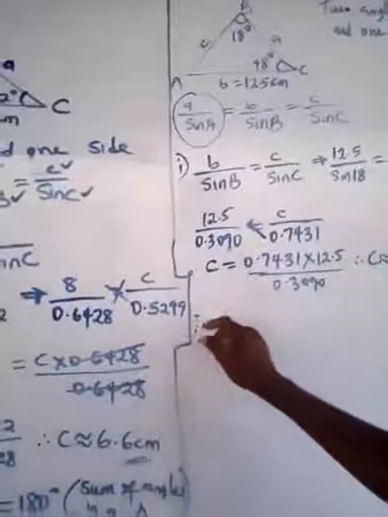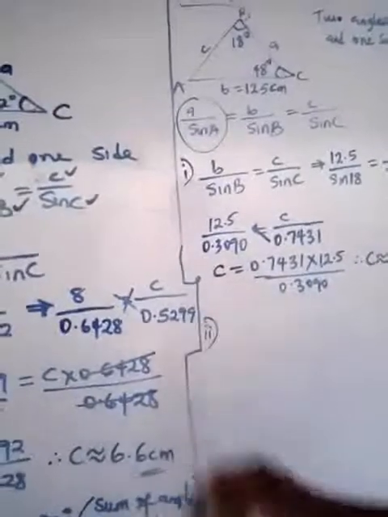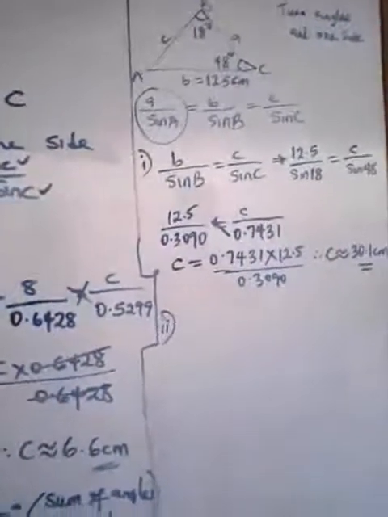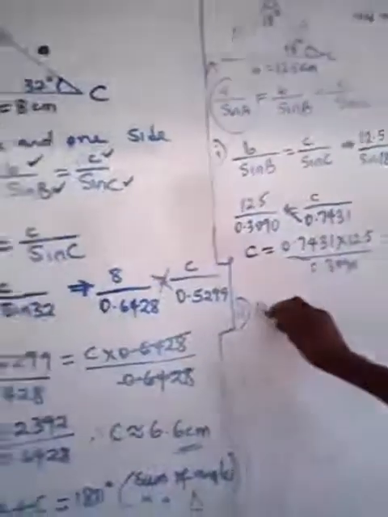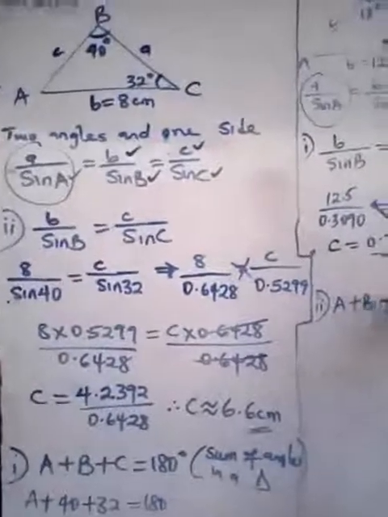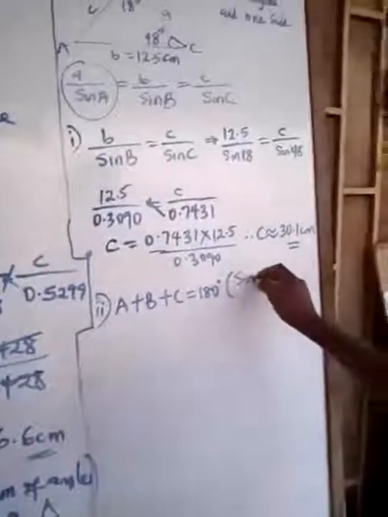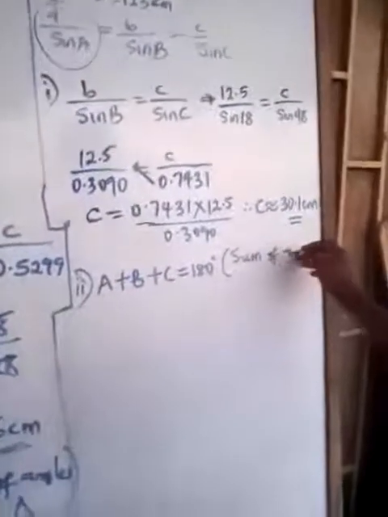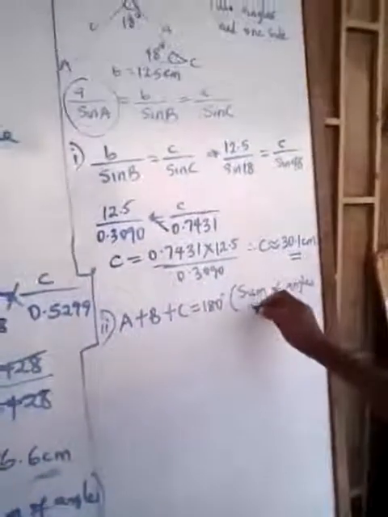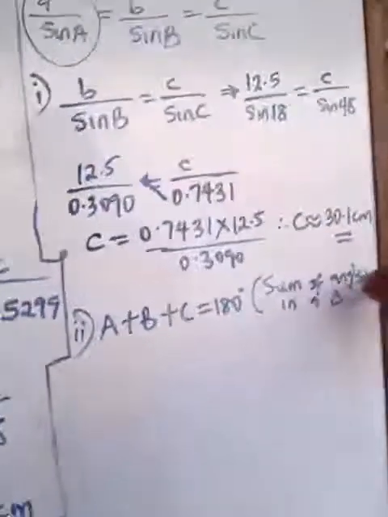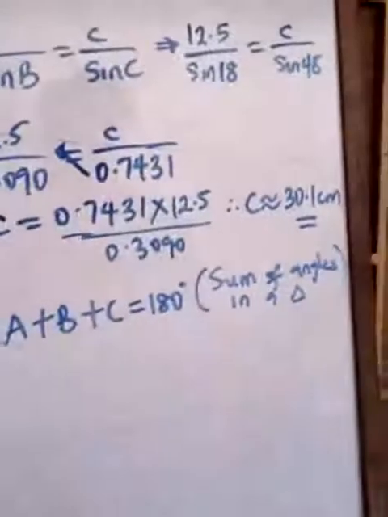Now to find a, we need to find angle A. So we use the theorem we used the other time. The sum of angles in a triangle, A plus B plus C, is equal to 180 degrees. This symbol means triangle.